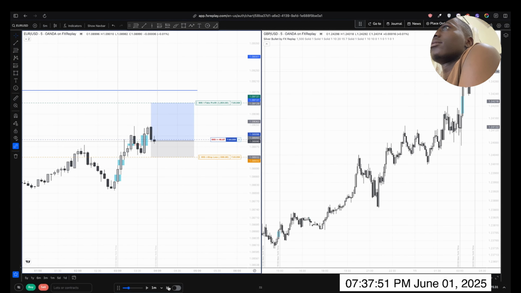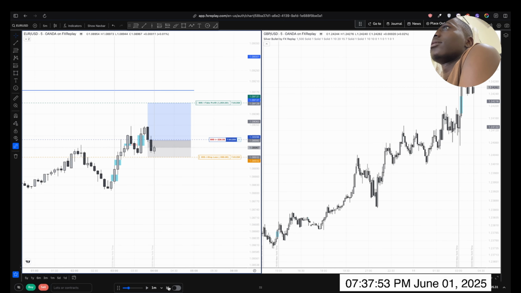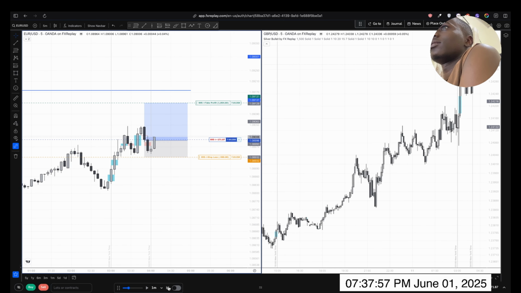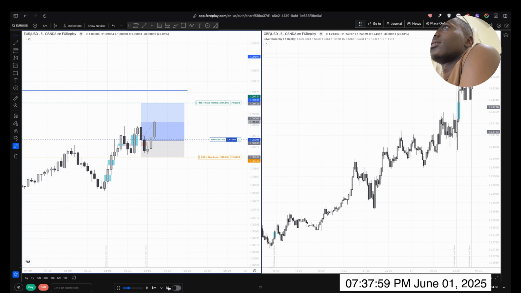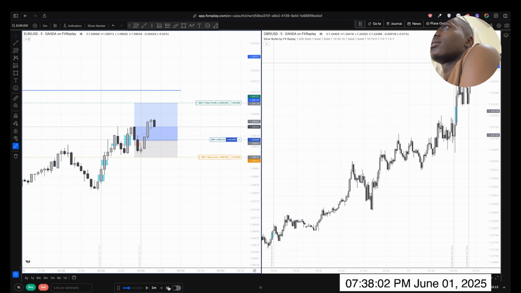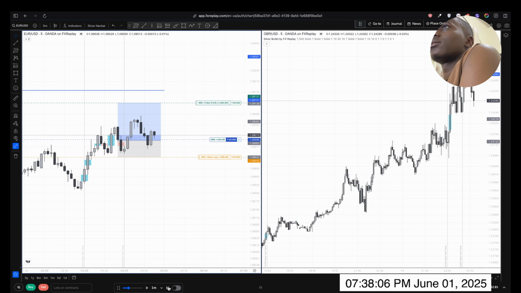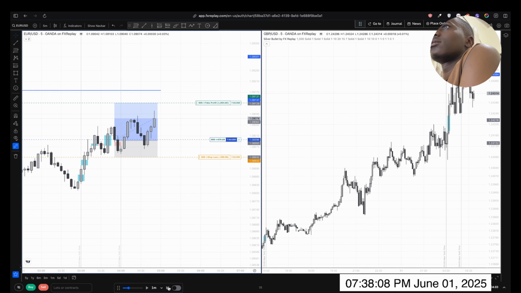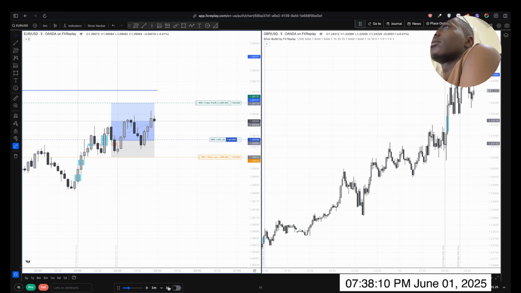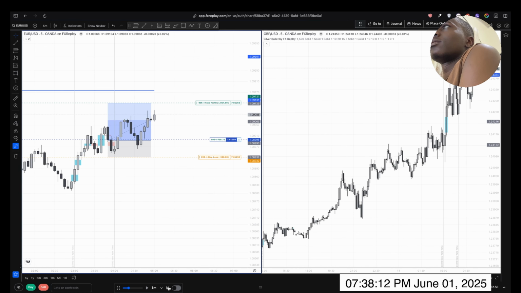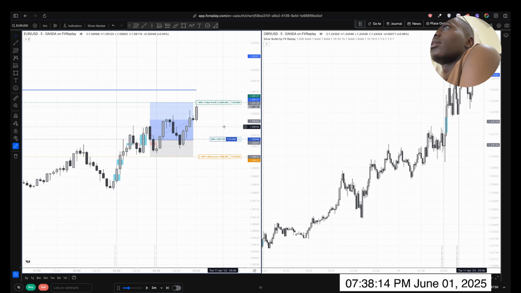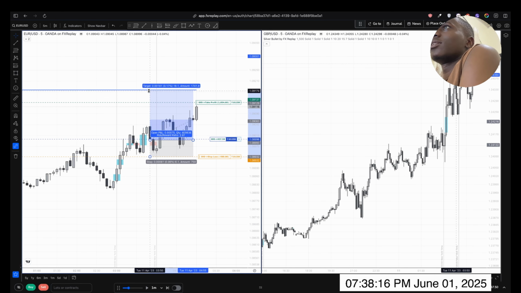Right, so well, started off in some crazy drawdown. And here you see that we can even target here.